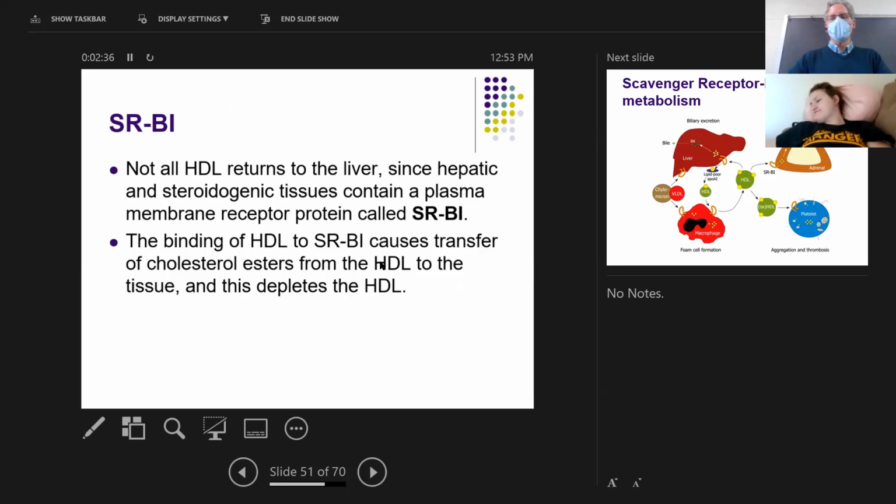And this receptor, this scavenger receptor B1, that's not B-I, that's meant to be B Roman numeral 1. This will also cause the transfer of cholesterol esters from HDL to the tissue, which will deplete the HDL. This is one of the ways that some of these tissues can take up more cholesterol if they need it, because the scavenger receptor B1 is actually fairly widely distributed.